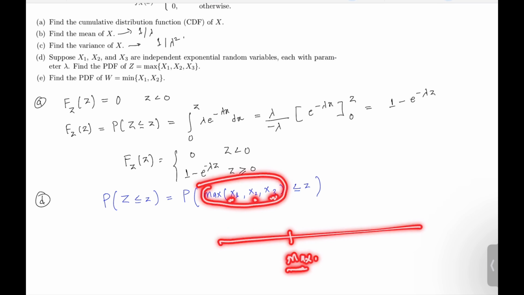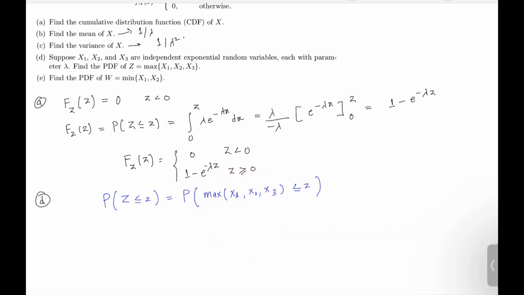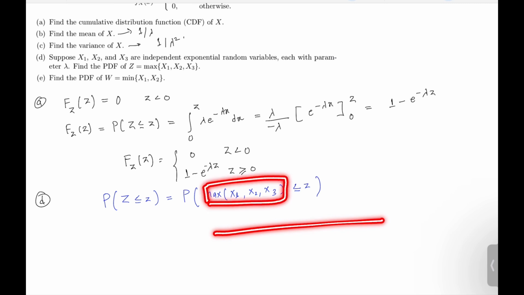And we are given that the max is less than z.